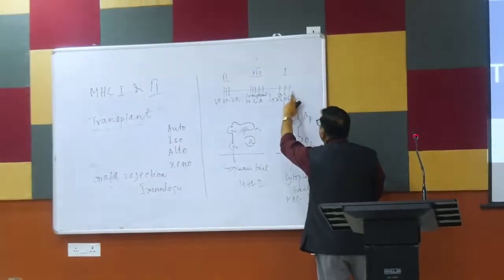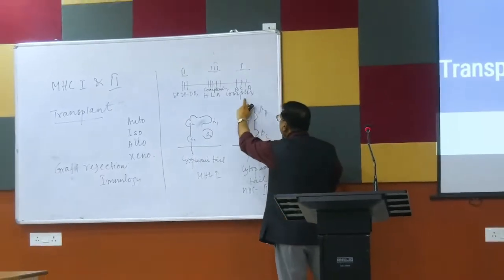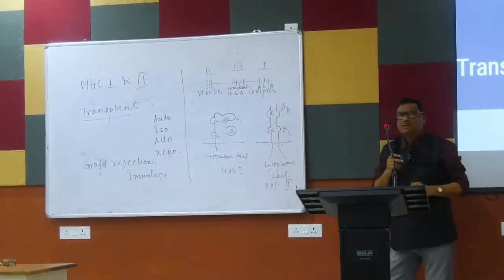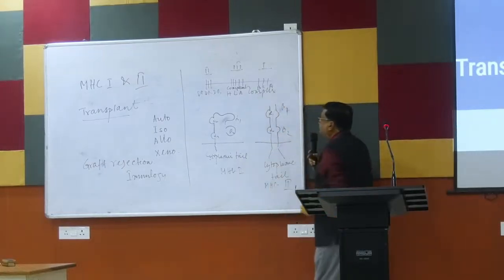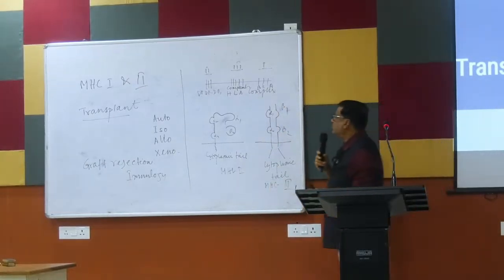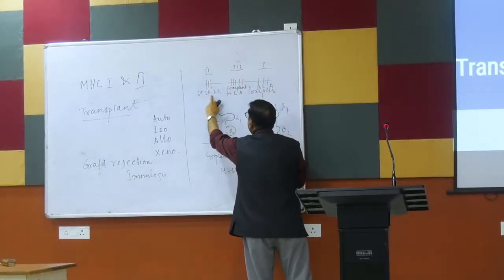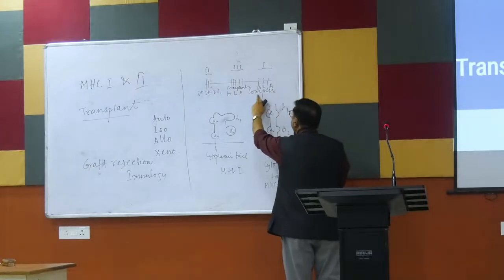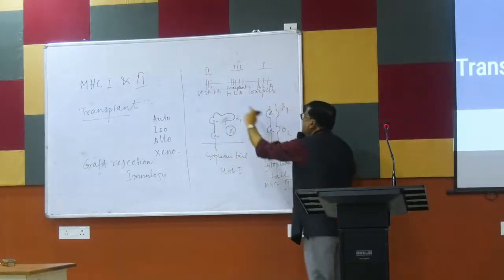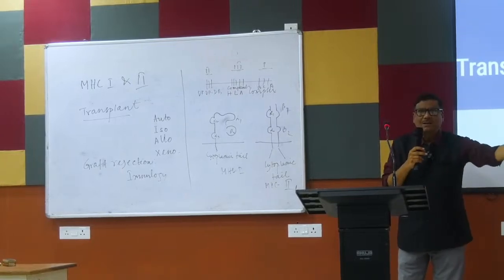The gene arrangement is like this: in case of HLA class 1, the system is arranged as A, C, B. Similarly, the gene aggregation in case of MHC2 is DP, DR, DQ, or DP, DQ, DR. This is the D locus. So the A, B, C locus and the D locus, these ABCD loci are important for us for displaying MHC1 and MHC2.